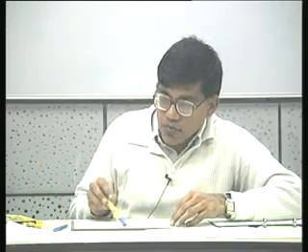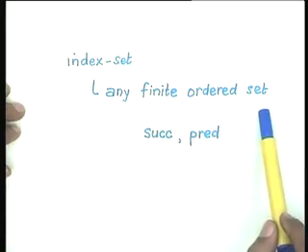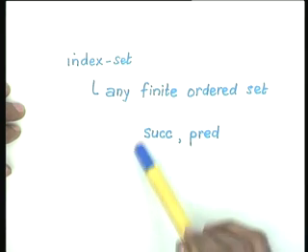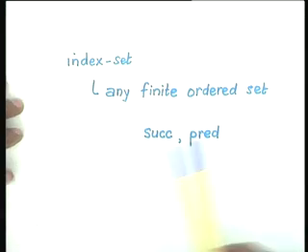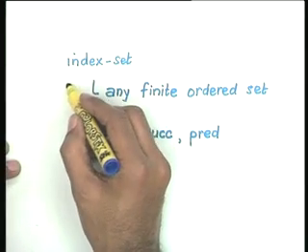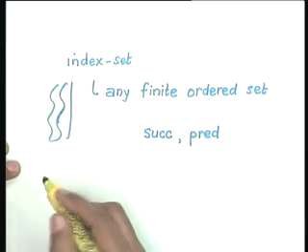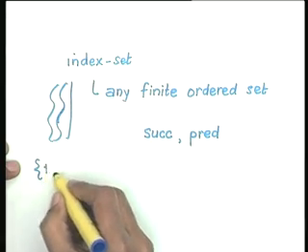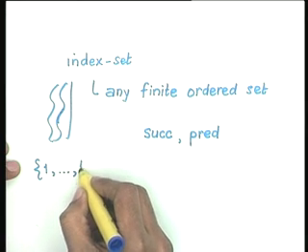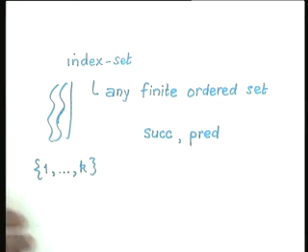So, all you can have is, if you are talking of any finite set which is ordered by a successor and predecessor relation, then this index set is isomorphic to some ordered set of natural numbers for some k, right.